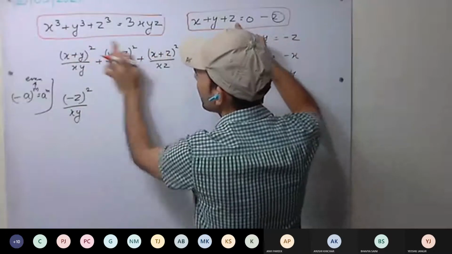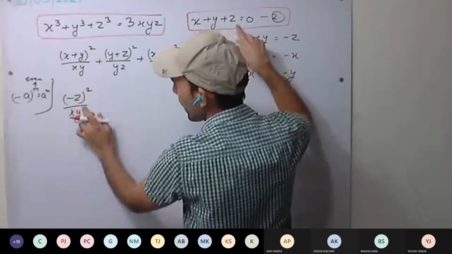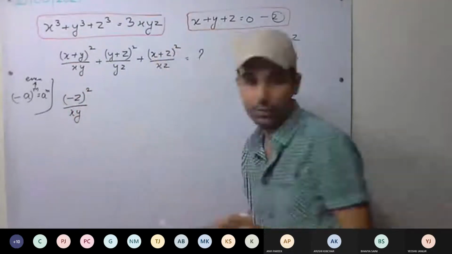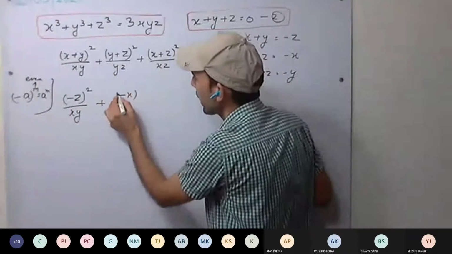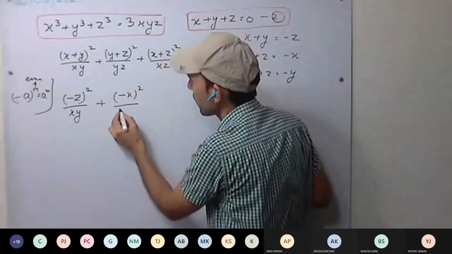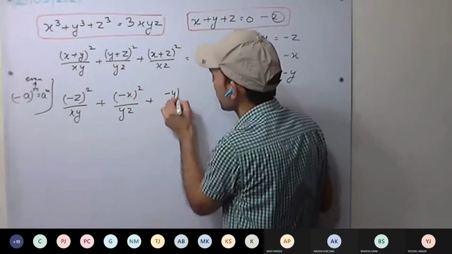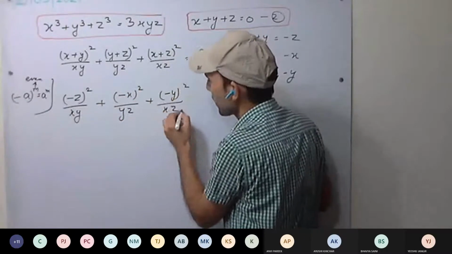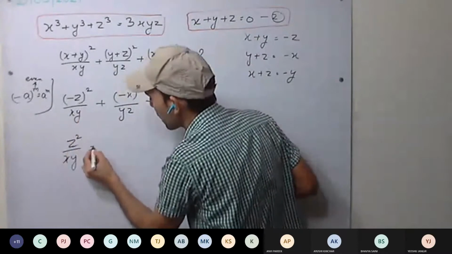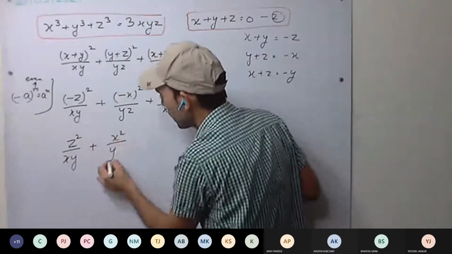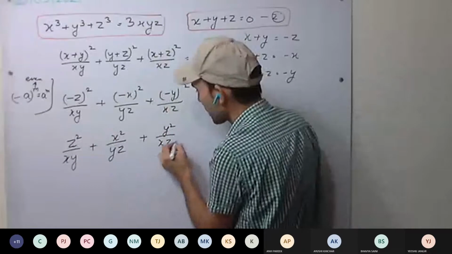Now see here, in the denominator it is xy, and in the numerator we get z square. Plus minus x square divided by yz, plus minus y square divided by xz. So it will be z square upon xy plus x square upon yz plus y square upon xz.